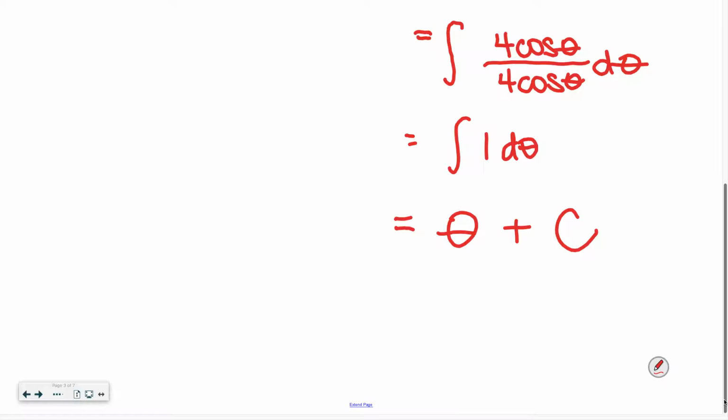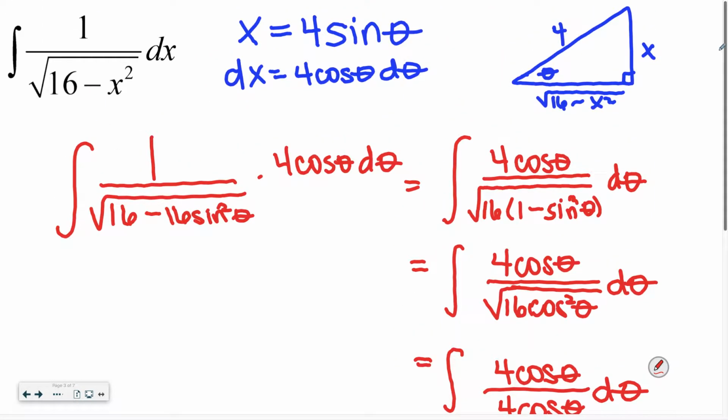Sometimes you need your triangle, and sometimes we need this: x over 4 equals sine of theta.